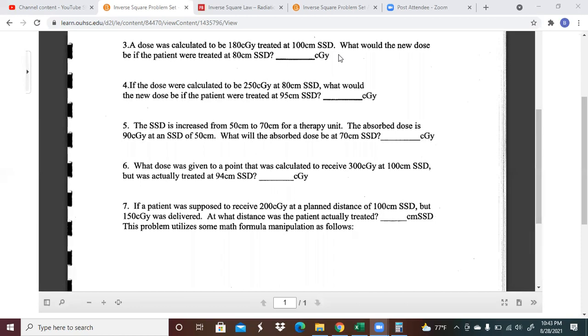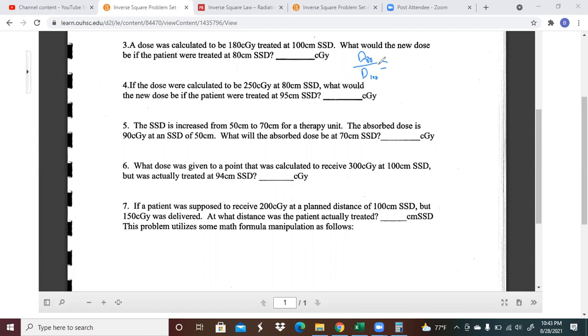So in this particular case, the dose will end up being higher, and that is because we are treating this at a shorter distance than what we were before. So the dose at 80 cm divided by the dose treated at 100 is going to end up being higher. That ratio should end up being greater than 1.